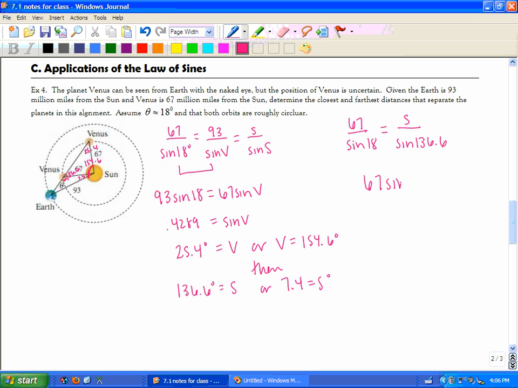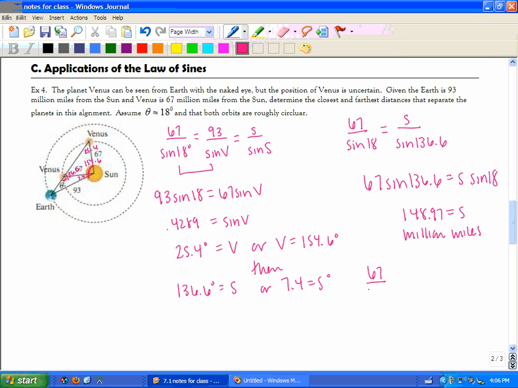So 67 sine 136.6 equals S sine 18. Probably should use different variables here. If you divide, then you will get 148.97 million miles. I'm going to guess that's the further away one.